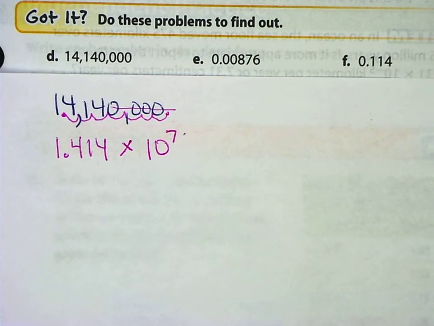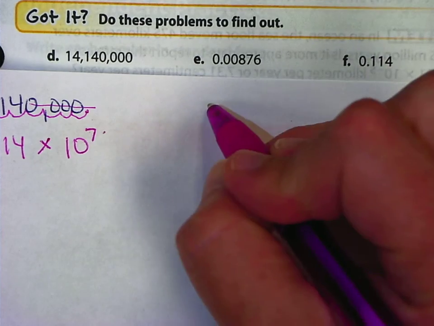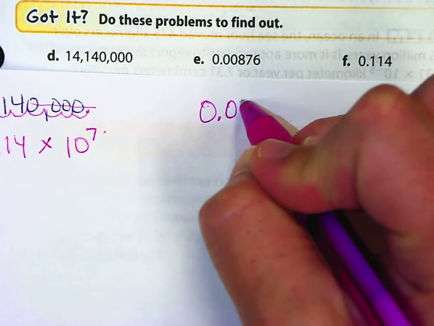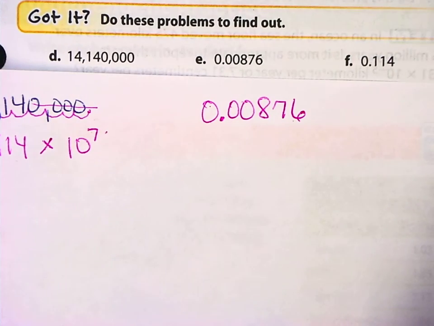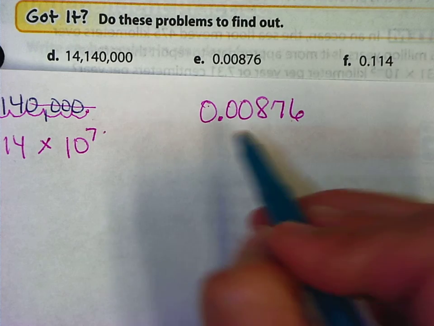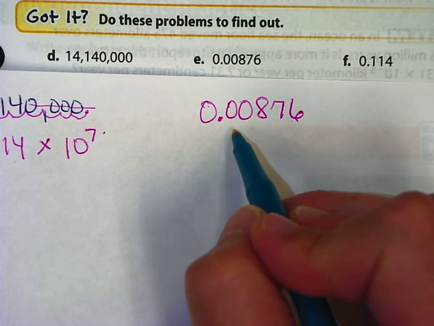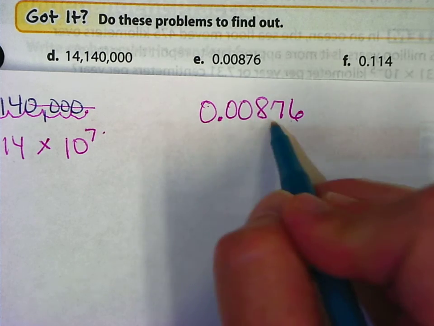Okay, and then let's take a look at one more. Let's do problem E. Do it with me on your page. 0.00876. Now we have a number that's less than 1, so our exponent needs to be negative in the end. So I'm going to move this decimal to make this number between 1 and 10. It could be 1, but it's not going to be.